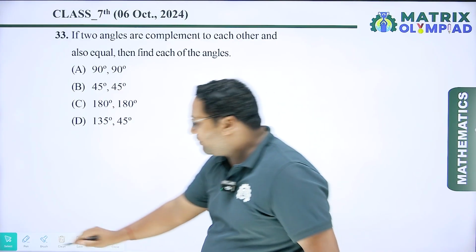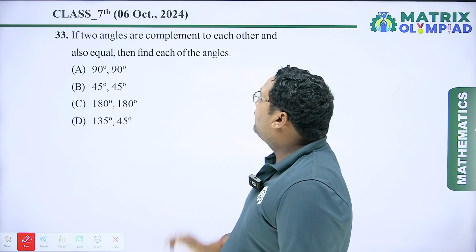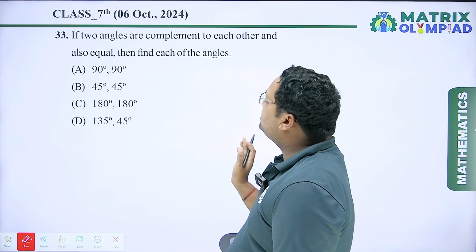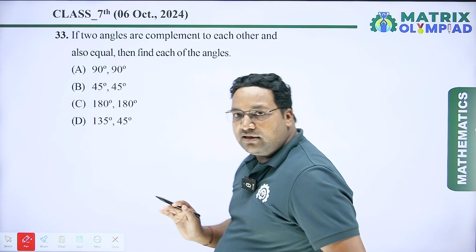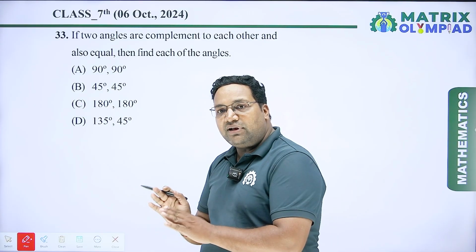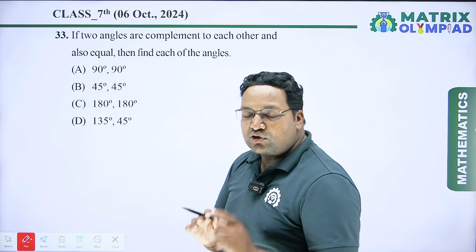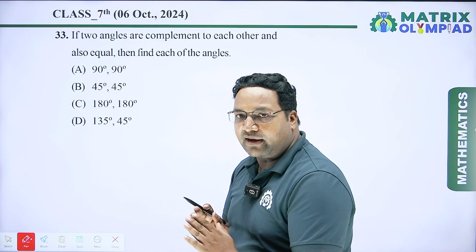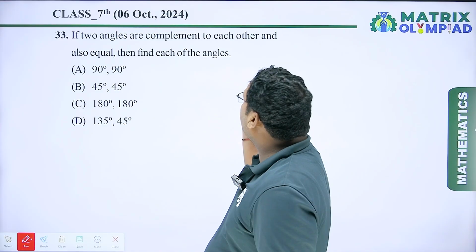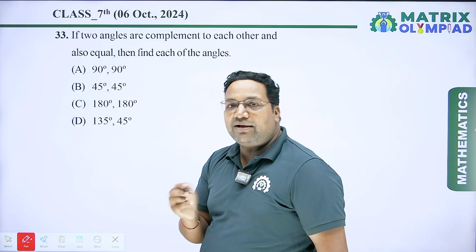Next, question number 33. If two angles are complement to each other and also equal, then find each of the angles. Here two angles are given and both angles are complementary. So sum of the two angles is 90 degree because they are complementary angles. Next, they also given that both angles are equal.